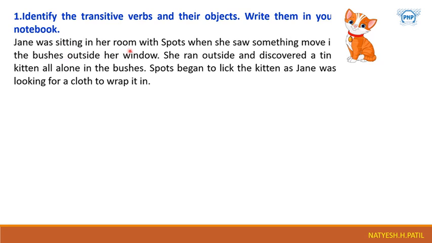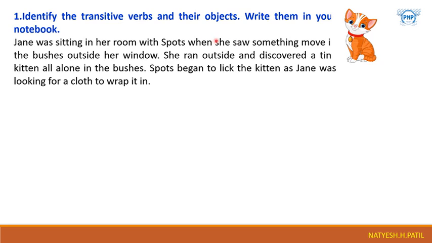Jane was sitting in her room with Spots when she saw something moving in the bushes outside her window. She ran outside and discovered a tiny kitten all alone in the bushes. Spots began to lick the kitten as Jane was looking for a cloth to wrap it in.